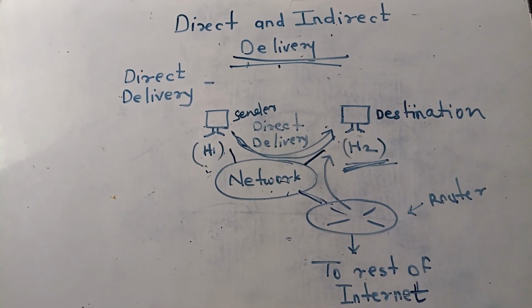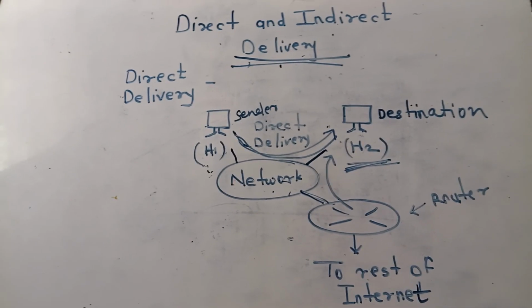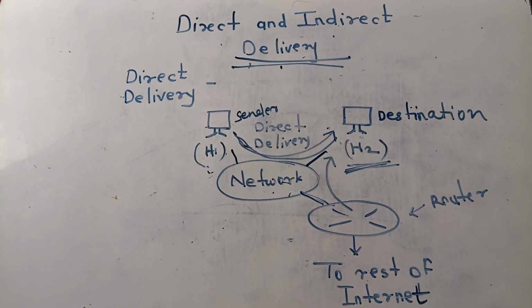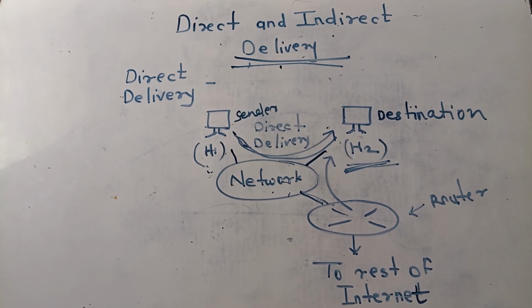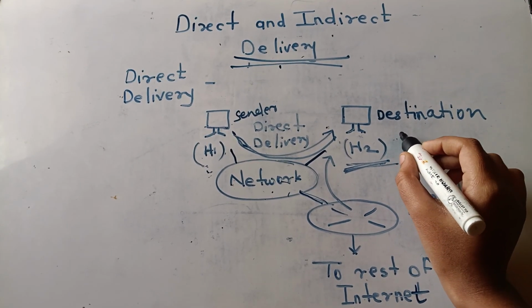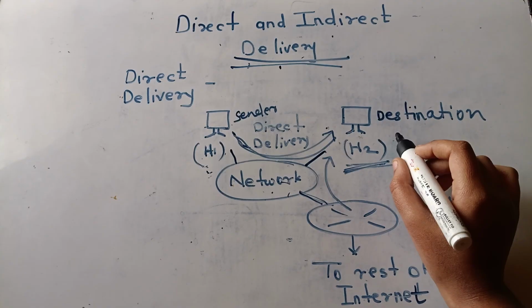If the IP packet has a destination address located in the same physical network, then the sender can assume this is a direct delivery. It can extract the network address of the destination and compare it with the addresses of the networks to which it is connected, like I said earlier. That is how it recognizes that this is a direct delivery.